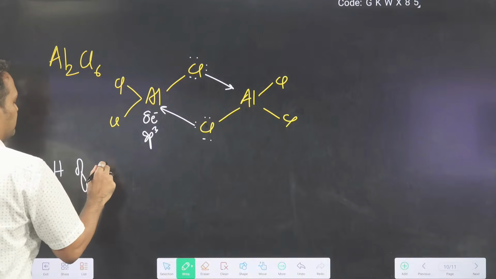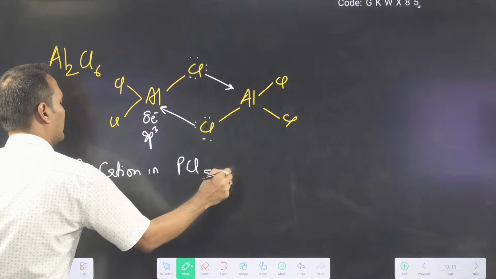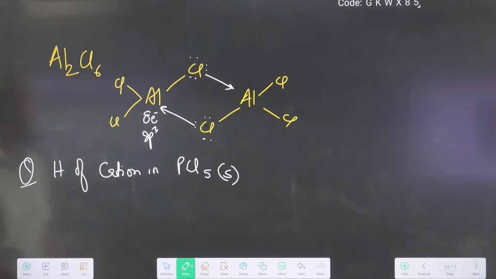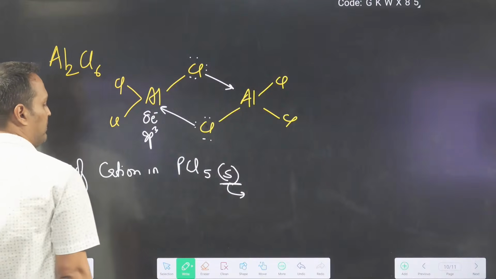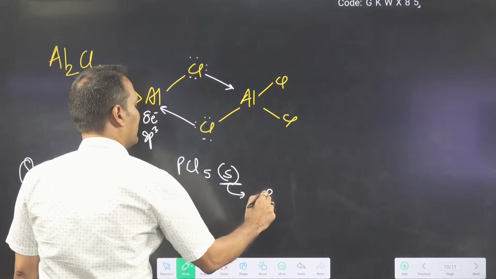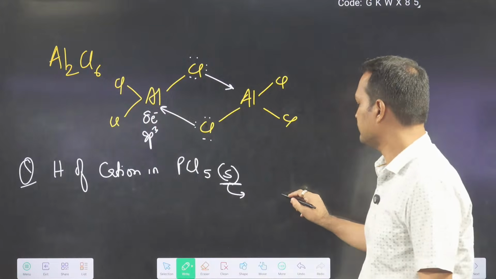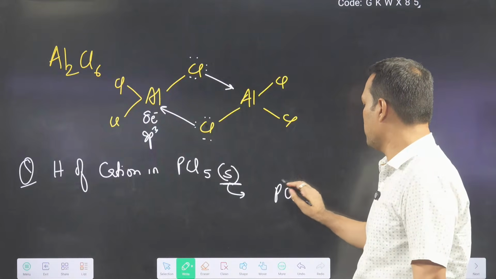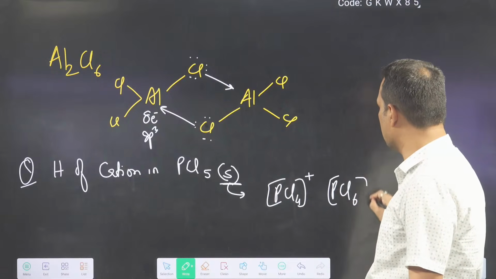One more point you keep in mind. Hybridization of the cation in PCl5 solid. There is a question in the material like this: PCl5 solid. Solid they will write. This is important. This is written in the P block. Whenever solid is written, it exists in ionic form. It exists like PCl4 plus and PCl6 minus.